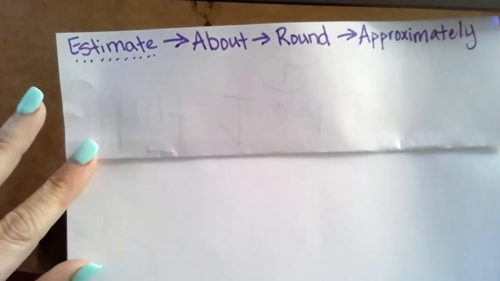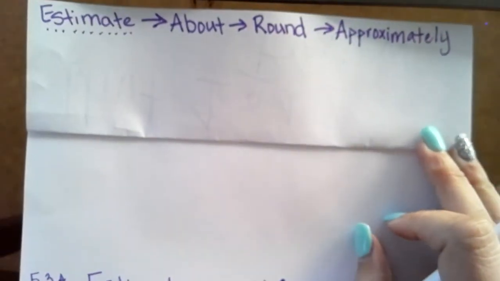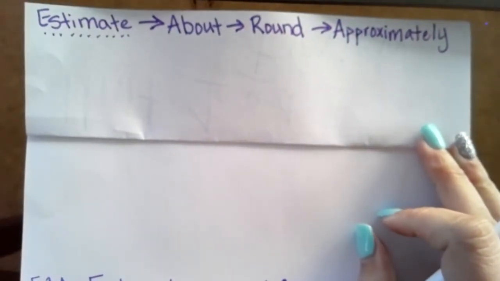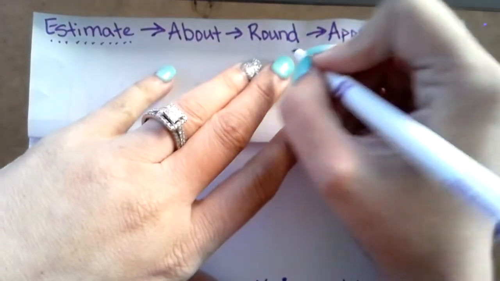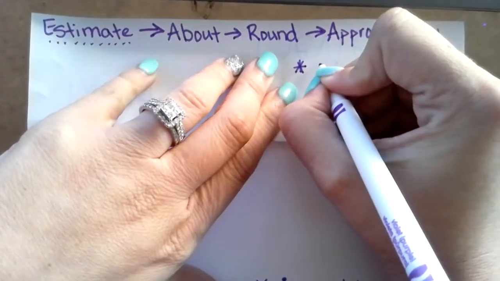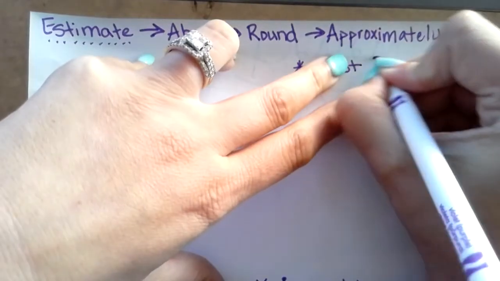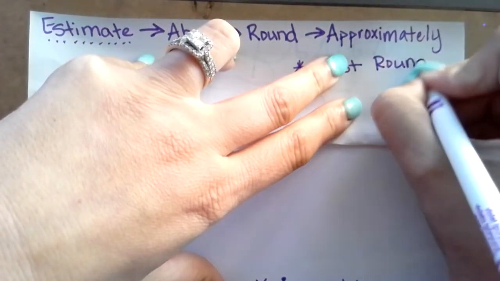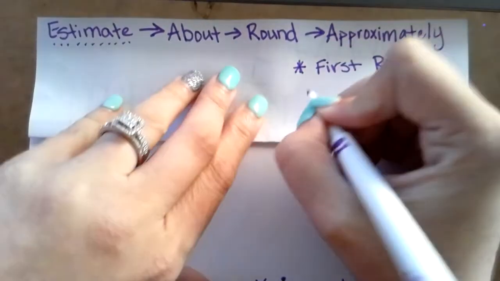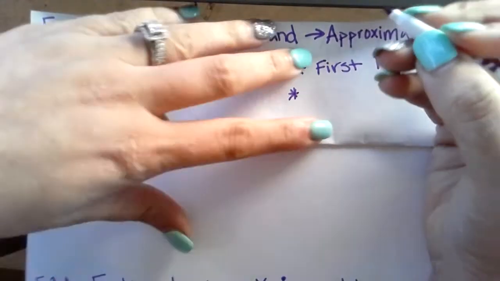Okay? So the steps that we're going to take for that is, first I want you to round, and then I want you to do the operation, which is add, subtract, multiply, or divide. So I want you to put right here a little asterisk, and then put first round. Put another little asterisk, and then write, then add, subtract, multiply, or divide.